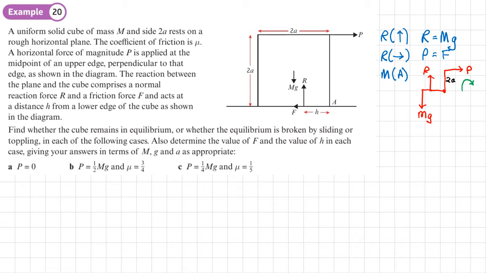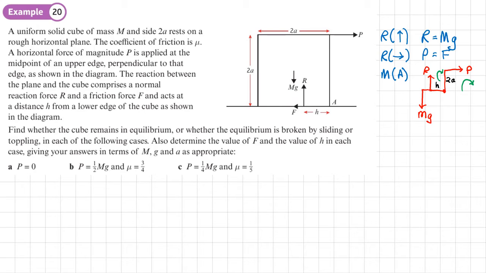Then we're going to have this distance to the normal reaction R, so this distance here as given on the diagram is h, so I'll just put h here, and this is also going to be a clockwise moment. F passes through A, so there's going to be no moment created by the frictional force.